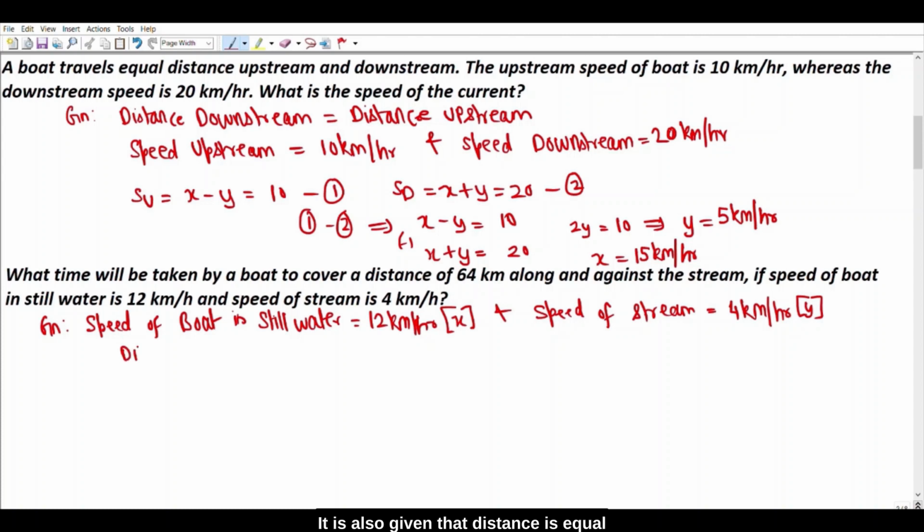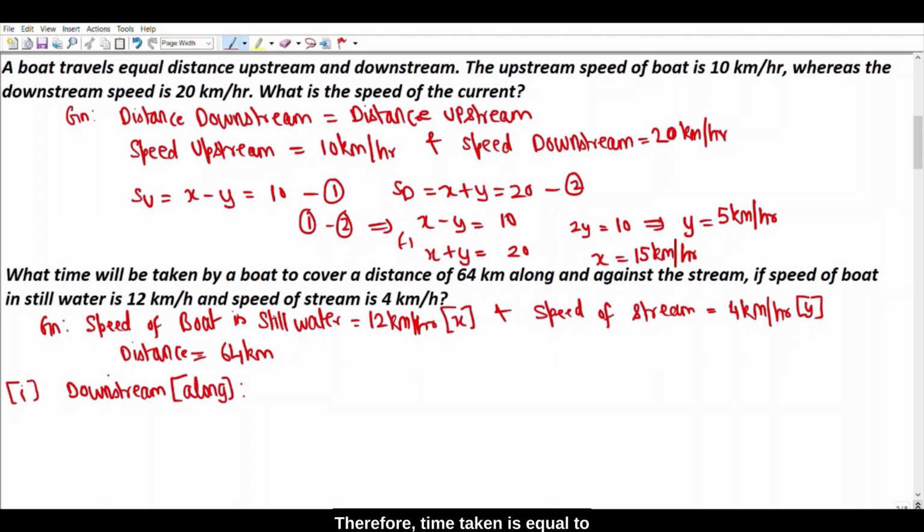It is also given that distance is equal to 64 kilometers along and against the stream. So first let us consider downstream. Downstream means along the stream. Therefore, time taken is equal to distance traveled divided by downstream speed.